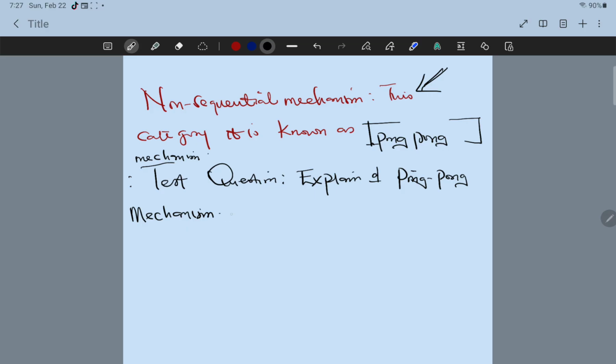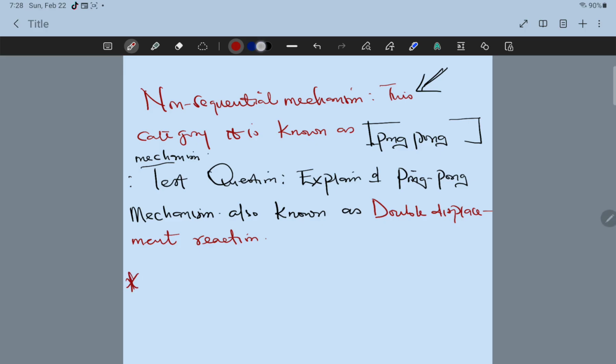Or it is also known as what we call the double displacement reaction. Yes, the double displacement reaction. So all the substrates do not need to bind to the enzyme.